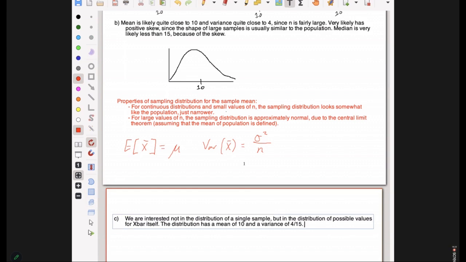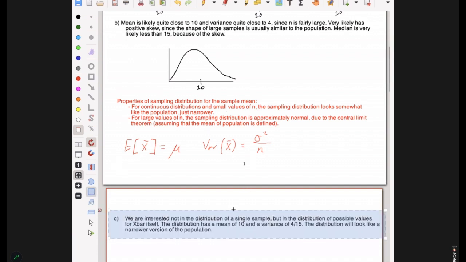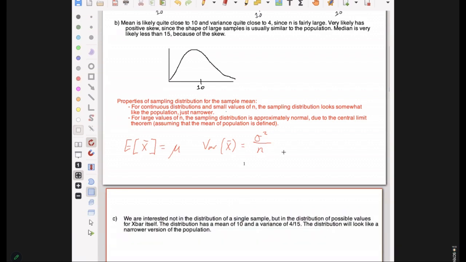And we can also say that the distribution will look like a narrower version of the population, assuming that our population is continuous, or approximately continuous.